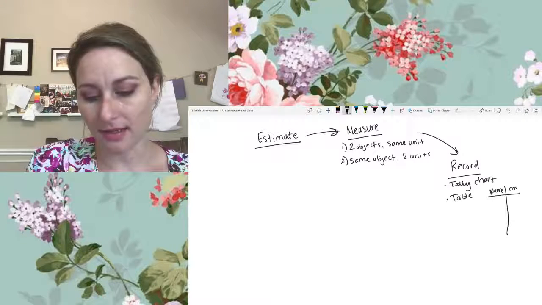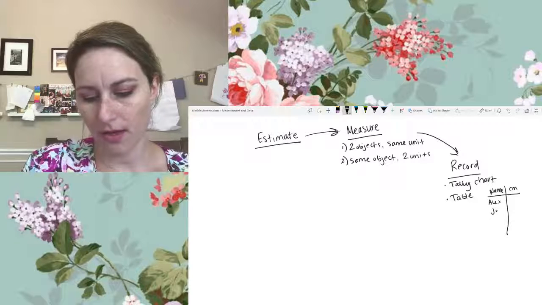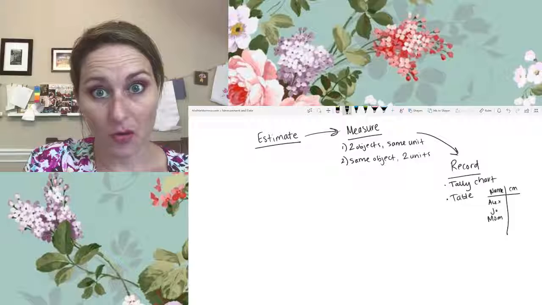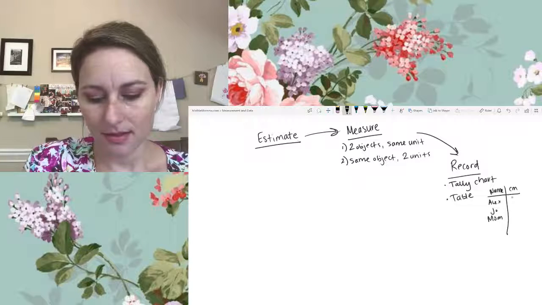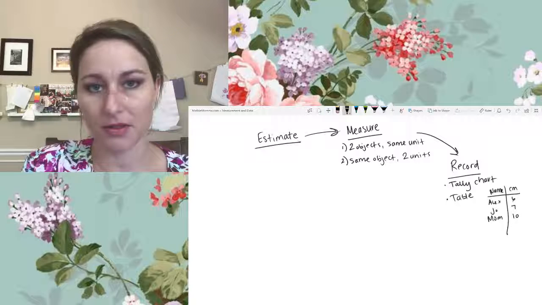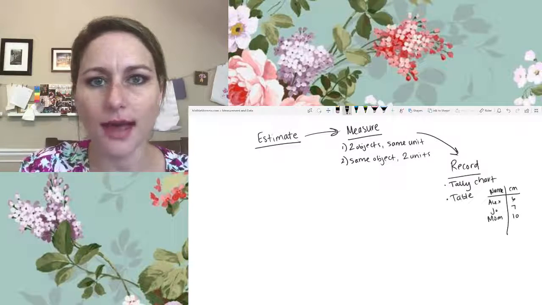And I can record that data. I've got Alex and Joe and Mom. Maybe this is homework. And this one's 6 centimeters, and this one's 7 centimeters, and this one's 10 centimeters. I'm making that up. I have no idea. I'm not doing good estimating.